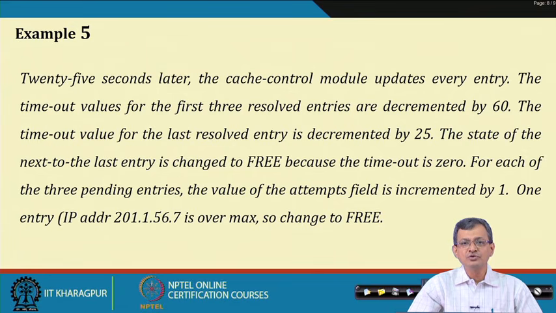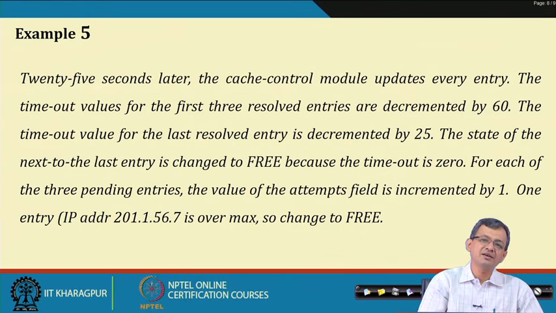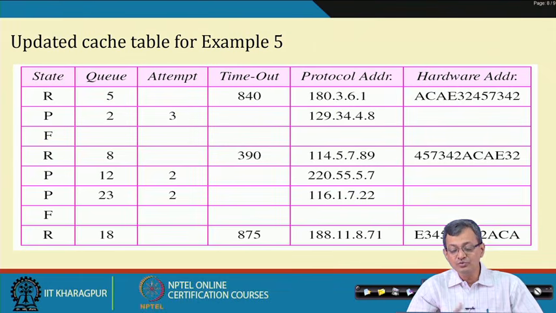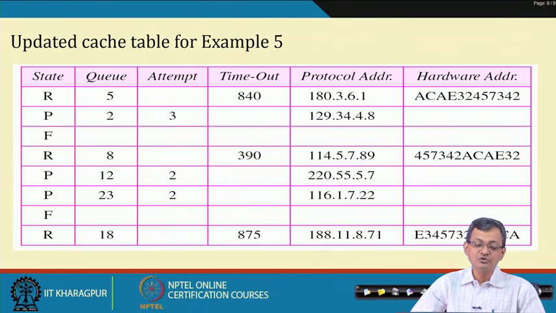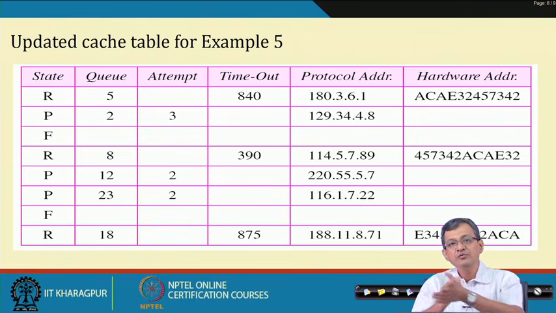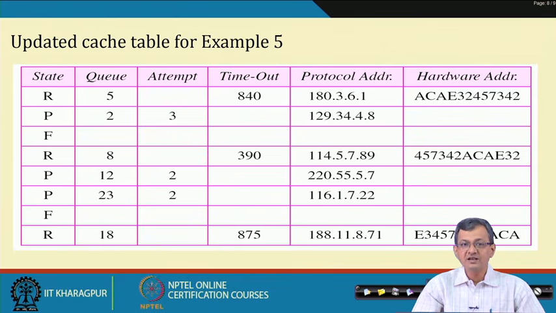For each of the 3 pending entries, it is some sort of housekeeping: it checks the timeout, decrements it, and if the timeout has expired, it flushes out the entry and makes it free, and then the new table becomes like this. So, it goes on doing this. You see this table handles the IP with the MAC address, and also goes on updating it on a periodic basis.